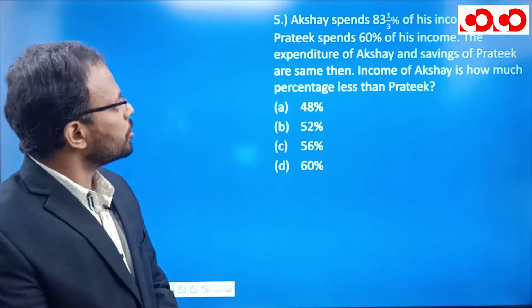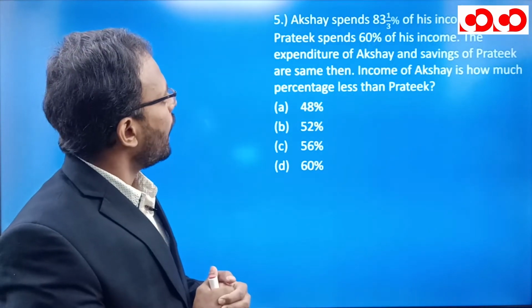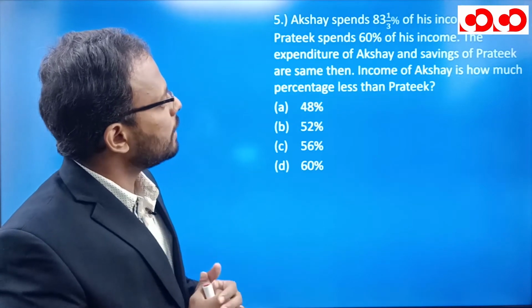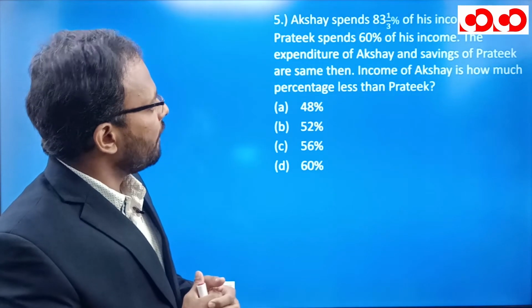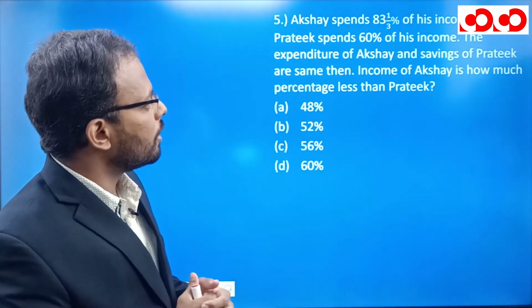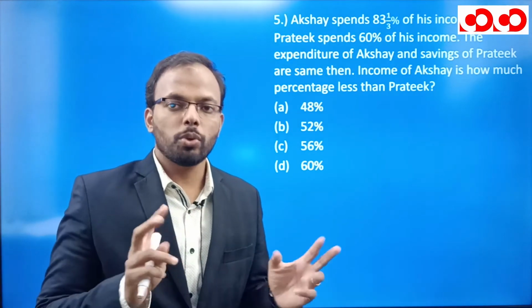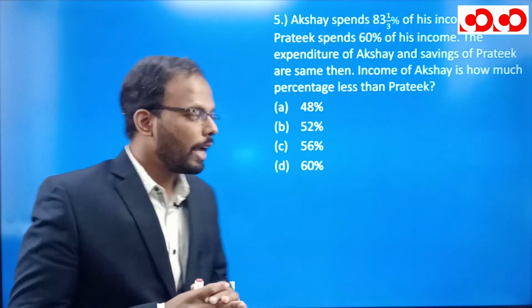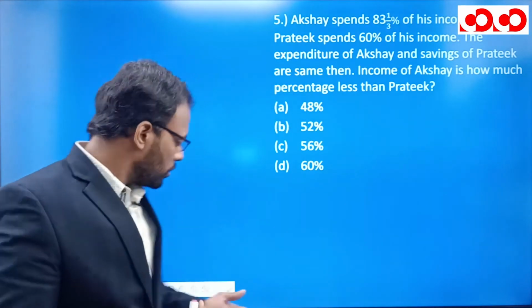We can see the next question is: Akshay spends 83 1/3% of his income and Pratik spends 60% of his income. The expenditure of Akshay and the savings of Pratik are the same. Then the income of Akshay is how much percentage less than that of Pratik? So there are two concepts which we should know here, and also the fractional value of 83 1/3.